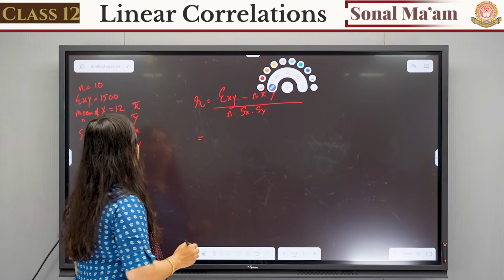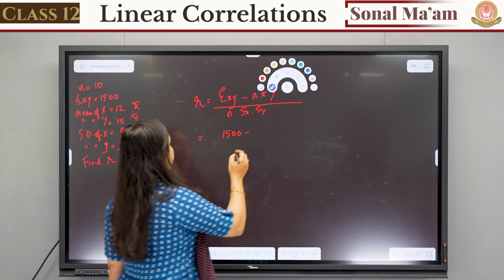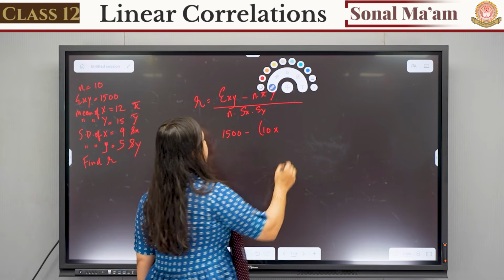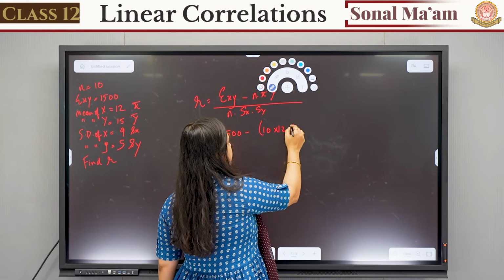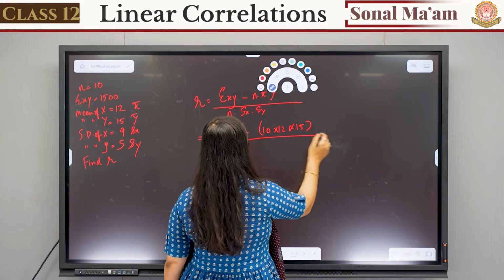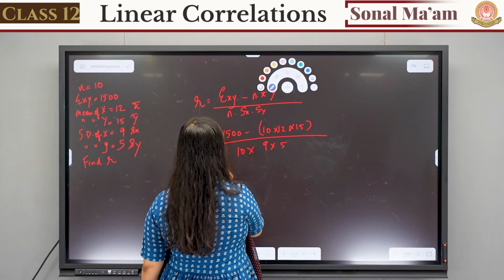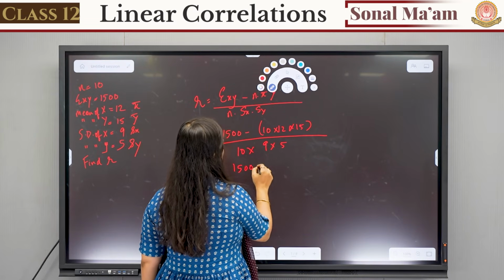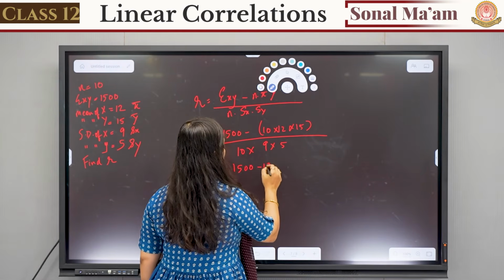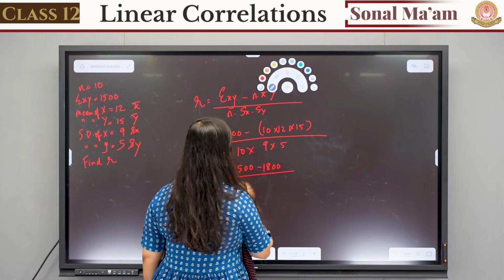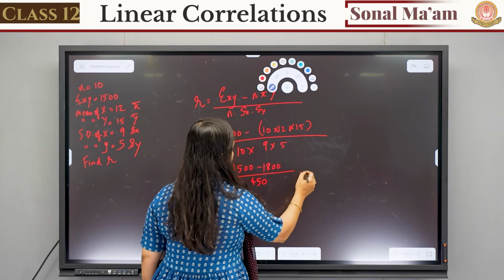Do we have summation xy? Yes, we have summation xy as 1500 minus n, that is 10, multiplied by x bar, that is 12, and y bar is 15, and it will be divided by 10 into 9 into 5. Okay, 1500 minus 10 into 12 into 15 is 1800, and it will be divided by 450.